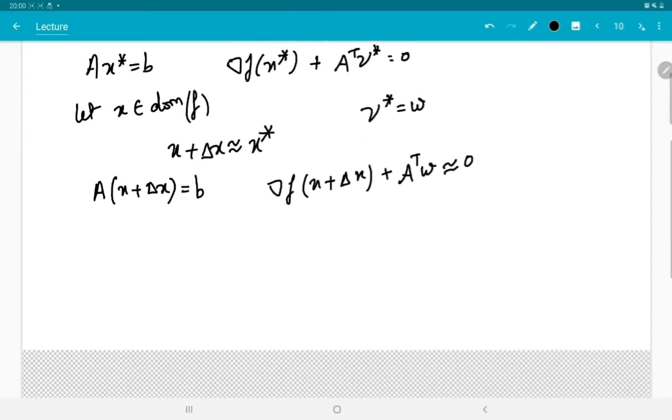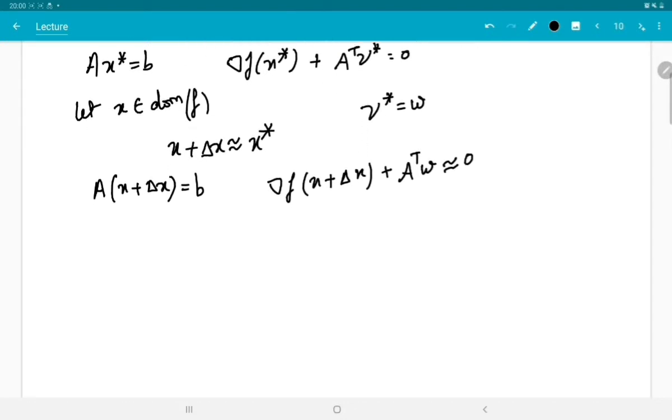And now we apply the first order Taylor approximation for this del f of x plus delta x. So we have del f of x plus del square f of x delta x plus A transpose W equal to 0.